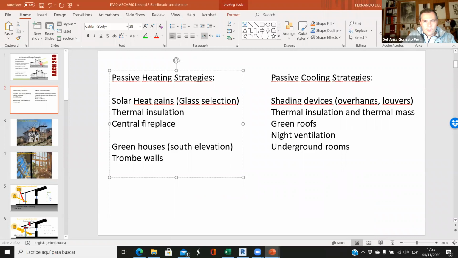Okay, so the central fireplace and all that stuff. Then we have greenhouses and trombe walls. So those are things I'm sure that you know what the greenhouse is. And the trombe wall, well, I explained this.